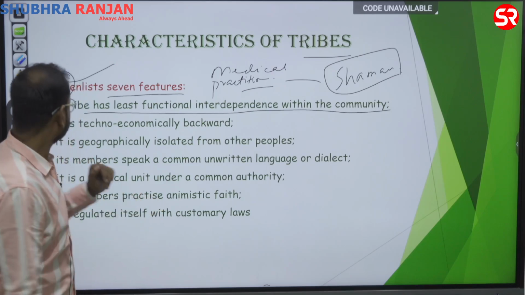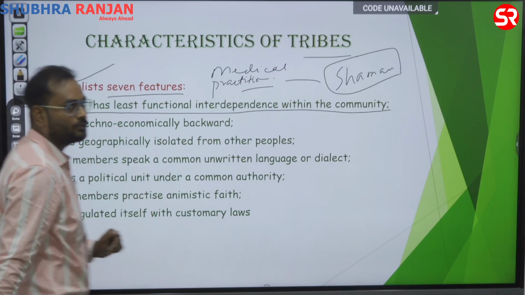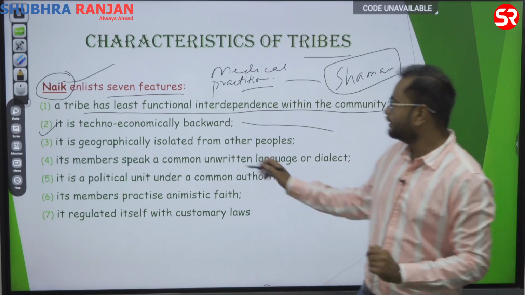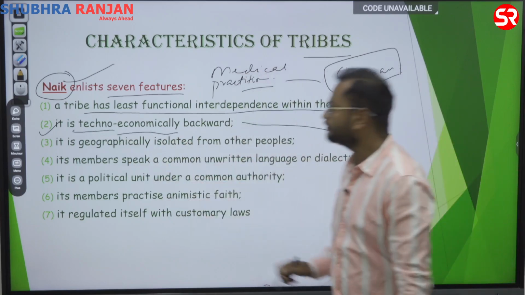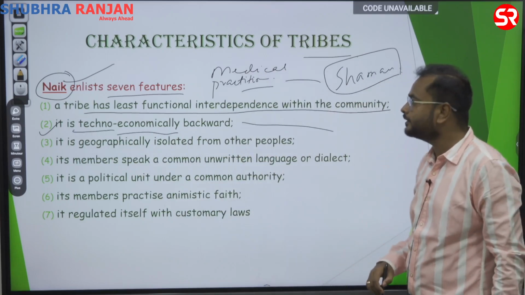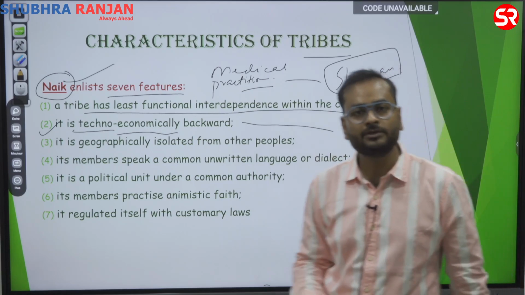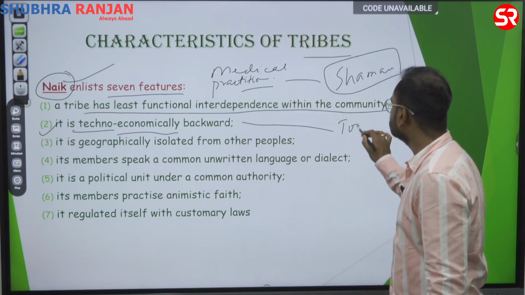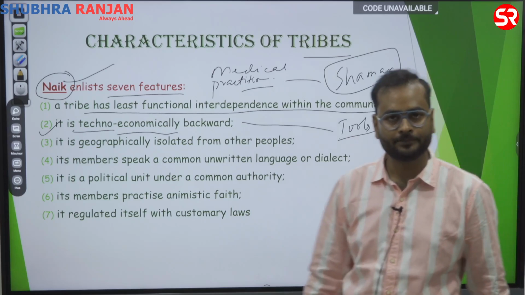Isn't it? The second point, it is techno-economically backward. Okay, how is it techno-economically backward? That means technologically and economically. When we say technologically, that means what can be the technology we are using? See, we are using certain tools for our day-to-day lives. Okay.